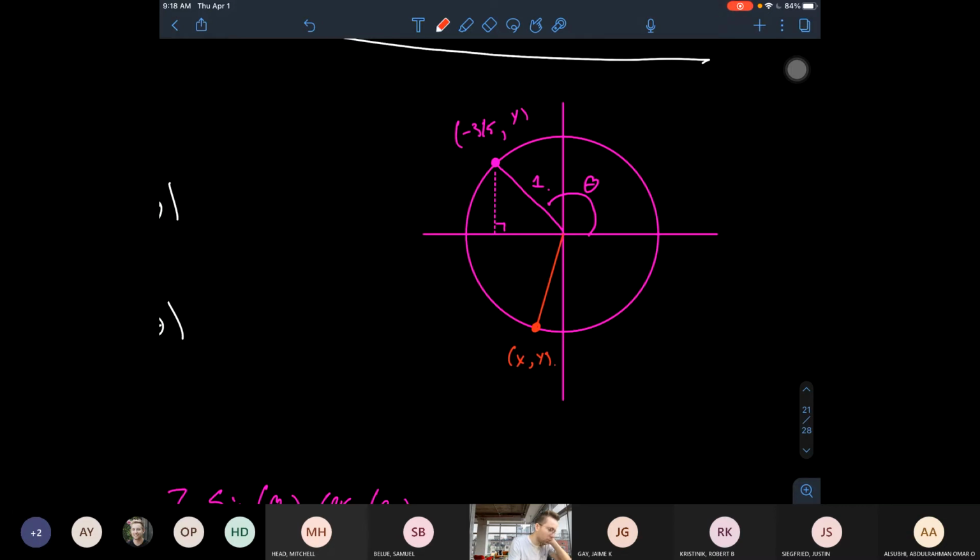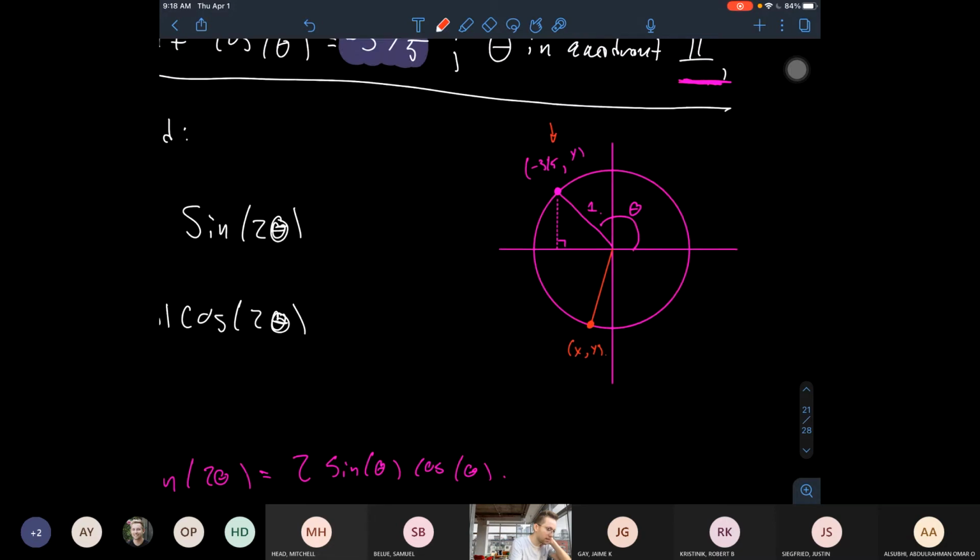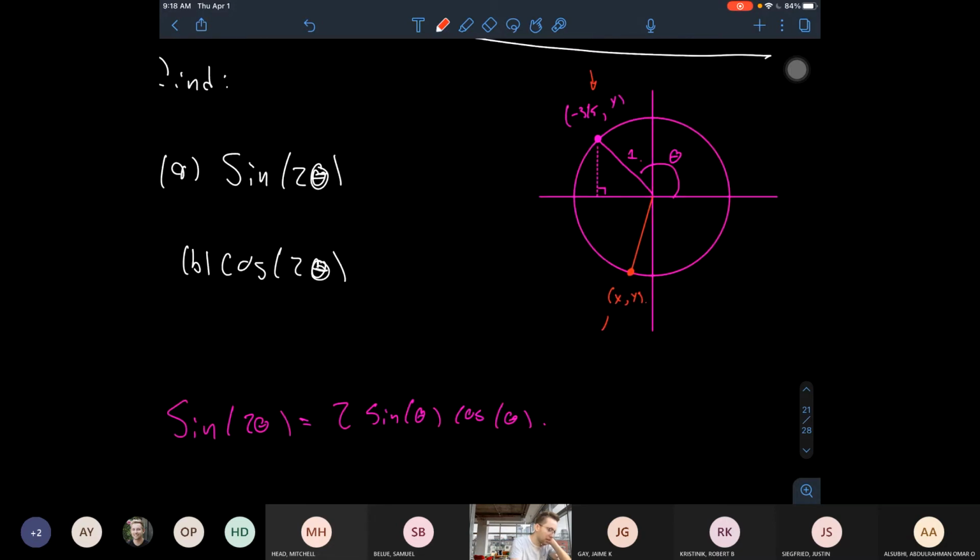The point is that we can find the y value of this point purely by knowing things about the x and y values of this point here. Because that is the relationship here. This would be cosine 2 theta, and this would be sine 2 theta. So we can find out what those two values are by looking at the values of cosine theta and sine theta.